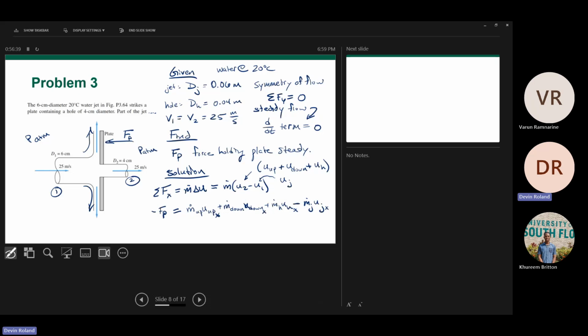Because they're x direction velocities, and the upward and downward flows are purely in the y direction, these go to 0. So if we rewrite this, switched around, then we have P is going to be m dot j uj minus m dot hole u hole.